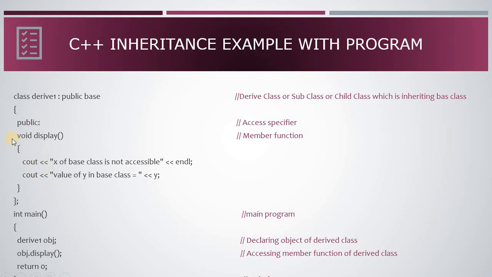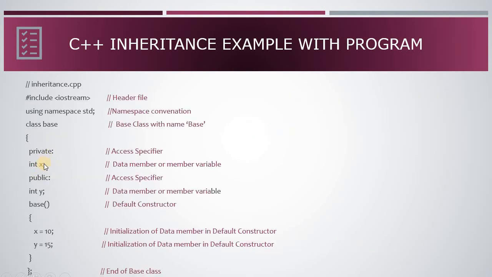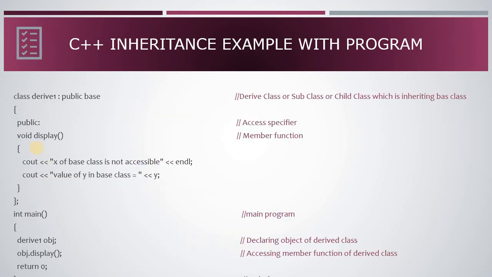We haven't created any members here, but you can use those values. First, we are trying to print x, but x is private, so you cannot inherit x, because a private data member cannot be accessed outside the class. So when you try to access x, it will give a compiler error.